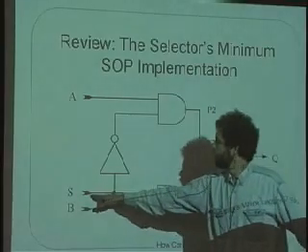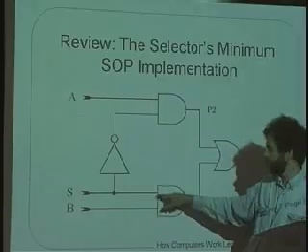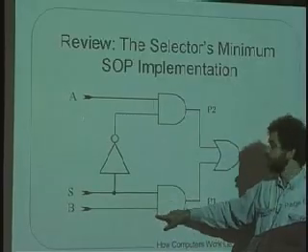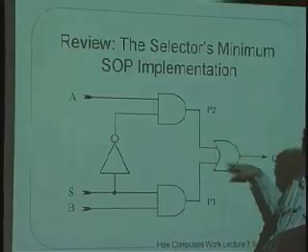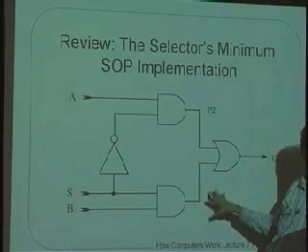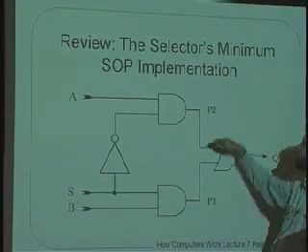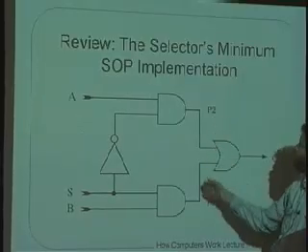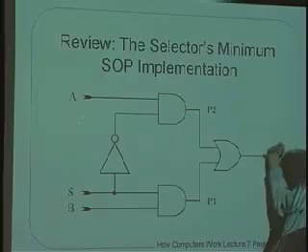If S is a 1, then the AND of 1 and 1 is 1. And then the OR of 1 and anything else is going to be 1. So the key thing to realize is that if P1 fires, if P1 is high or if P1 is a 1, what that means is that it doesn't care about P2. And P1 will be responsible for holding Q high, or Q to be 1.